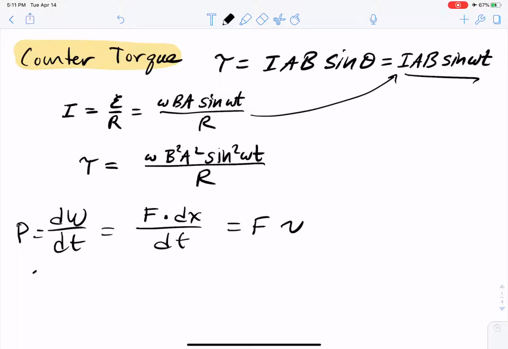So for torque, the amount of power it takes to drive will be the equivalent of force for rotation as the torque, and the equivalent for velocity is the angular velocity. So if we take that and put that in this equation here, we end up getting the omega squared also. So now we get everything in the top squared, so we can write it like this.